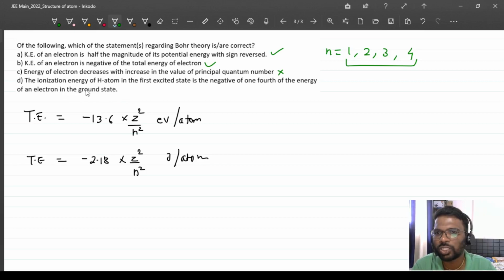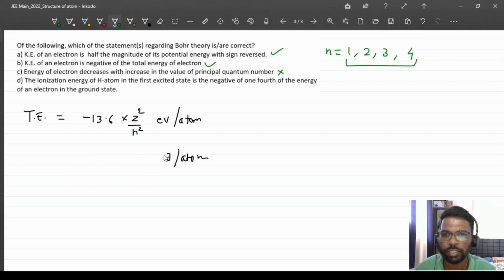Third, the ionization energy of the hydrogen atom in the first excited state is negative of one fourth of the energy of an electron in the ground state. Now we have to understand the meaning of the ground state and the first excited state.